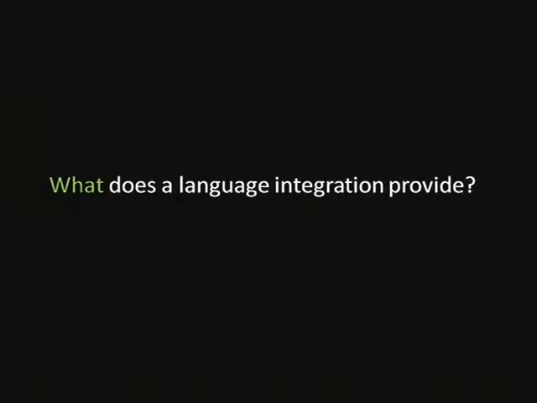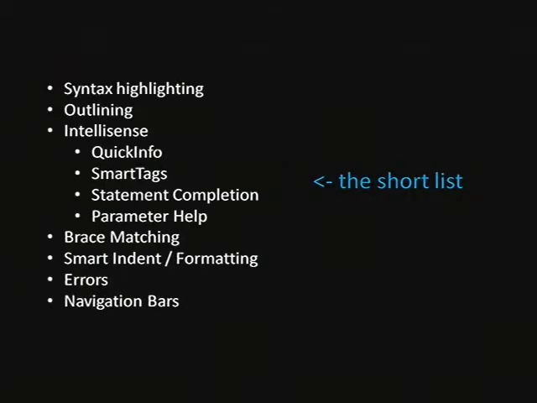Now we need to talk about what exactly these extensions look like. And in order to do that, we need to talk about, well, what does a language integration inside of Visual Studio even mean, right? So those of you who integrated against 2008 know that this basically is the list. This is the list of all the things that a language service tended to provide. Things like syntax highlighting, right? So at the most basic level, a language service needs to provide syntax coloring.